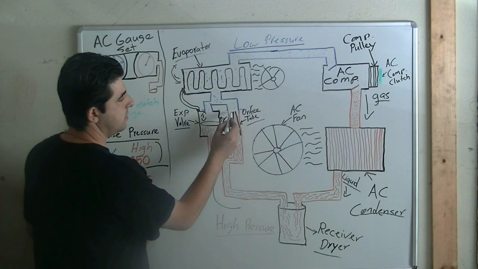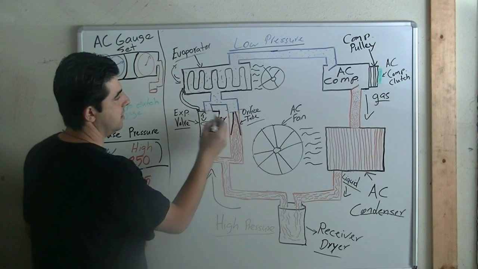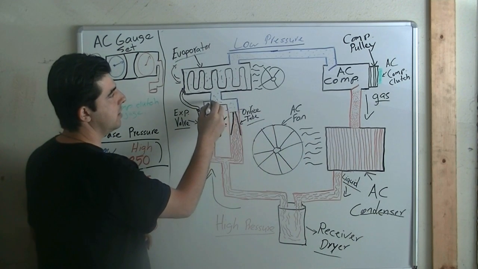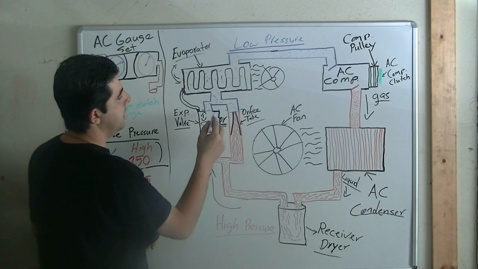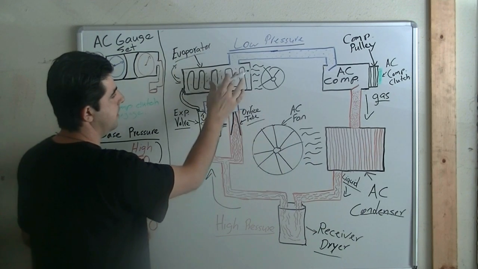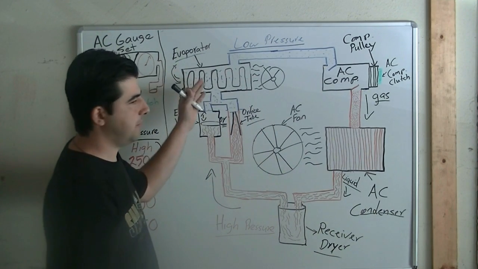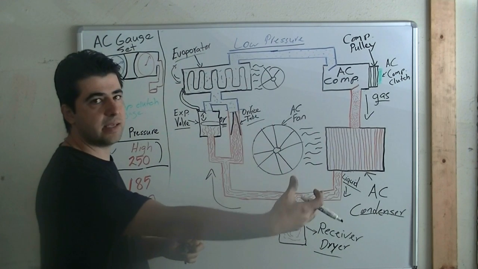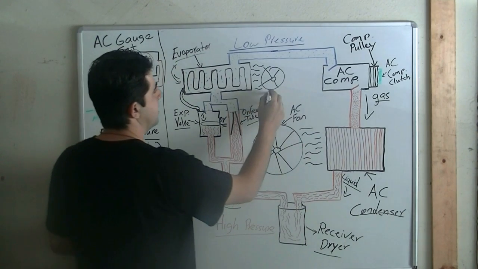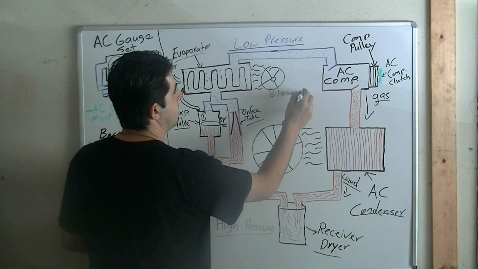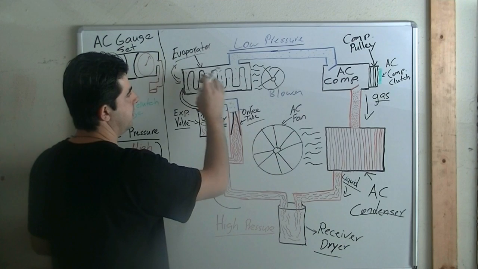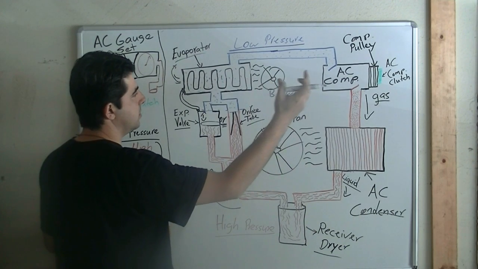Once it leaves your orifice tube or expansion valve, it turns into gas, and this is the low pressure side. This is what's in blue. That's why I have it in blue. This is the low pressure side all the way here, and as it is now very cool, it gets to your evaporator, which is inside the dash, inside the cabin. When you turn on your AC blower, which is this guy, it blows the air over your evaporator, and the evaporator absorbs the heat.